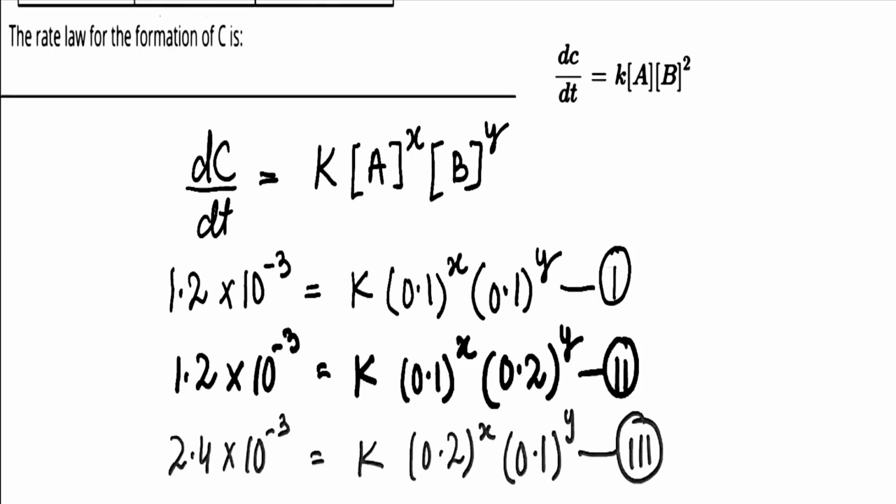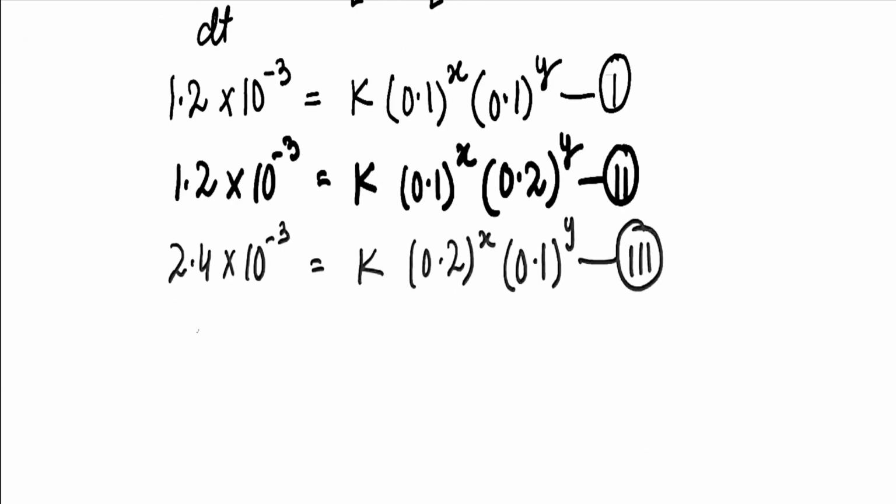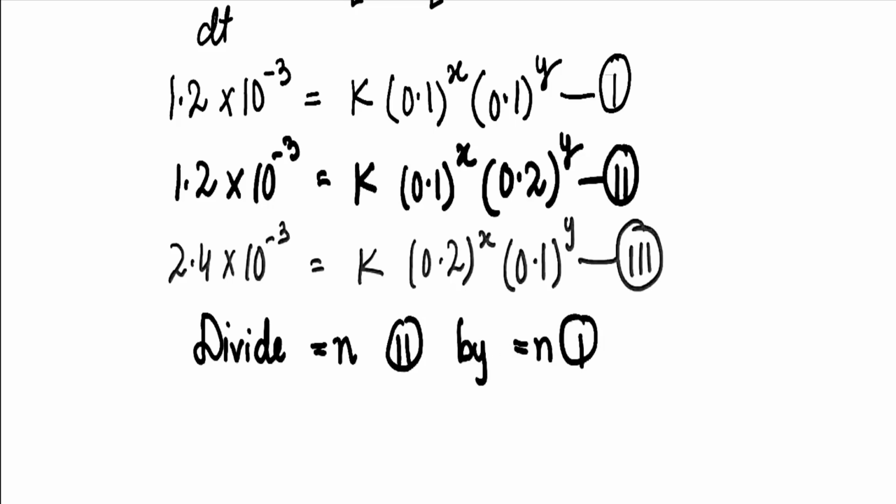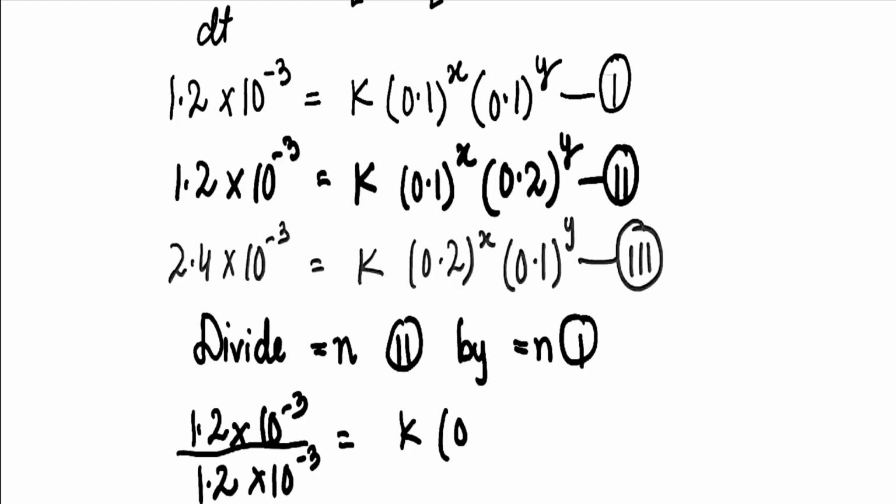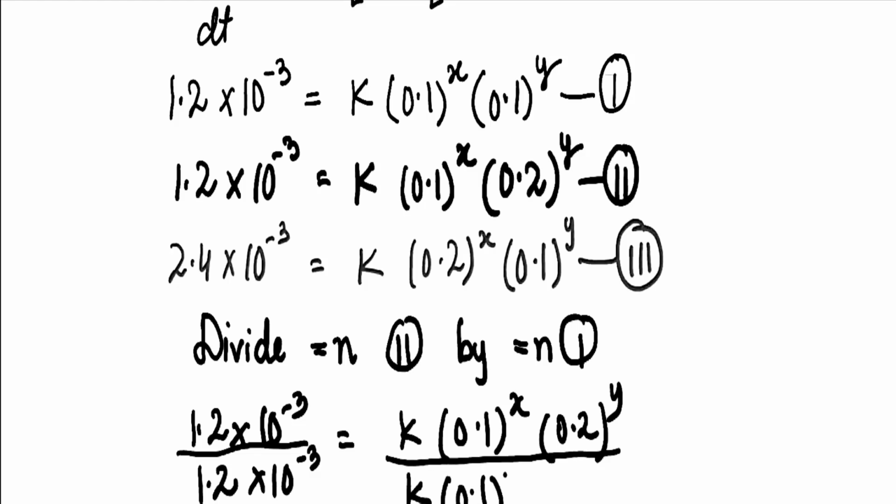So here what we can do is that we will divide equation second by equation first, and we will get 1.2 into 10 raised to power minus 3 divided by 1.2 into 10 raised to power minus 3 is equal to K into 0.1 raised to power X into 0.2 raised to power Y divided by K into 0.1 raised to power X into 0.1 raised to power Y.